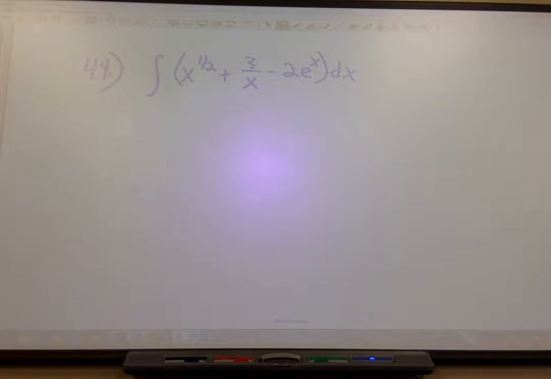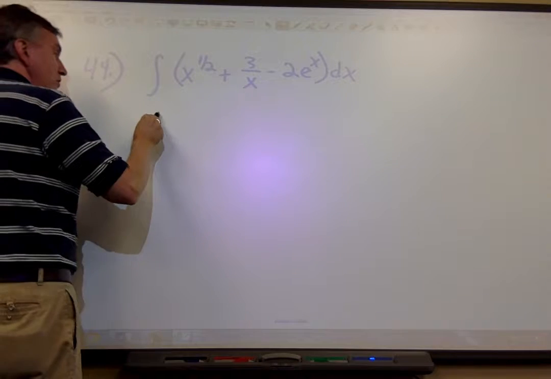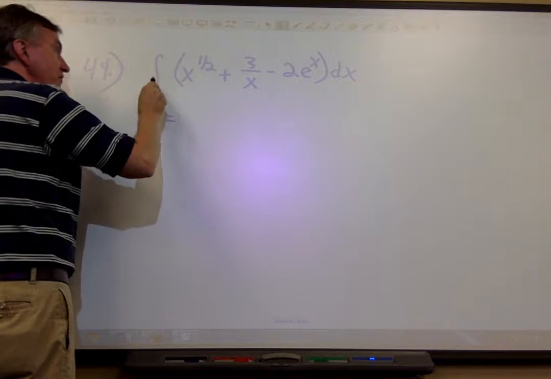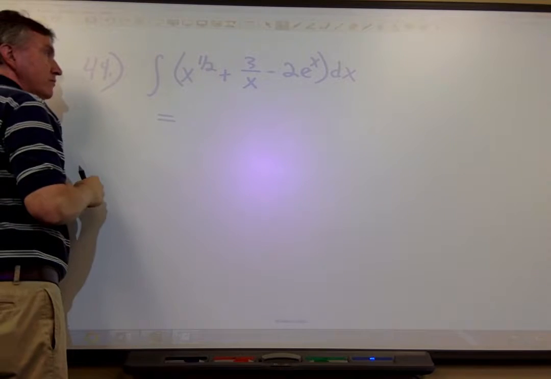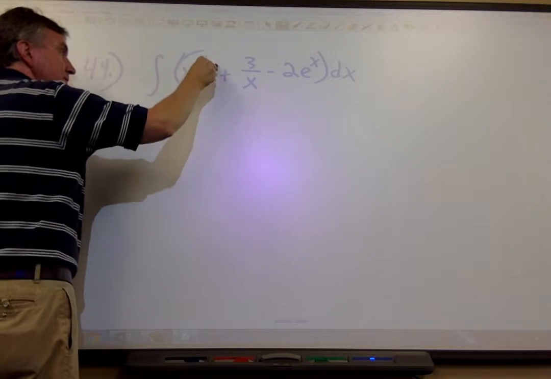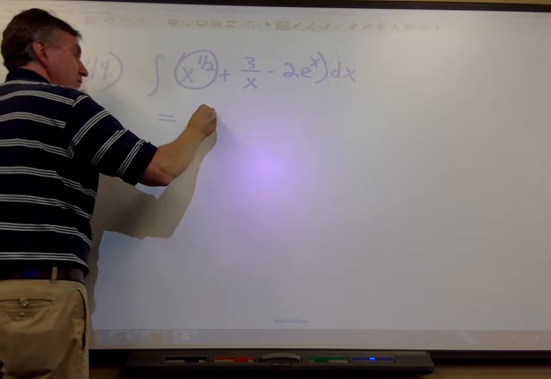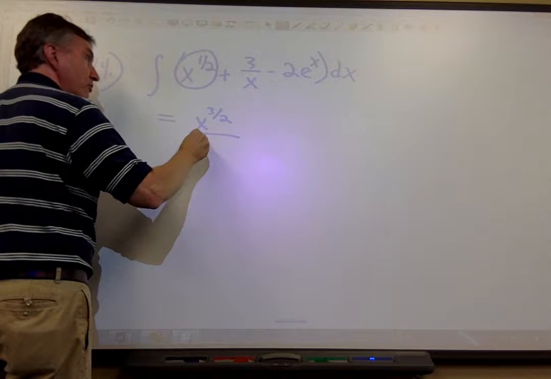Okay, help me do this term by term. Remember, once I take the antiderivative, this is not here anymore, right? What is this one going to be?